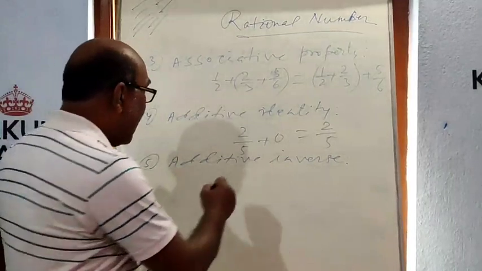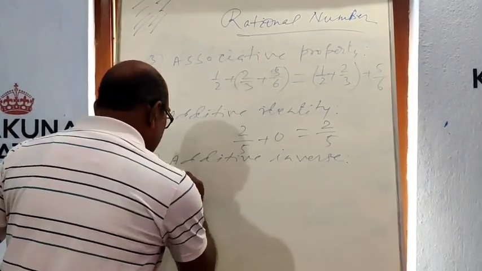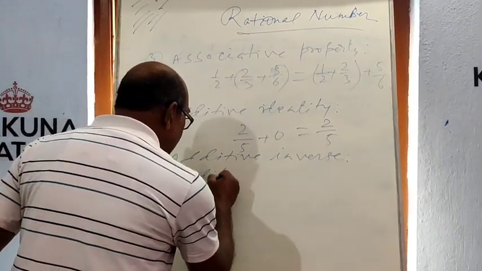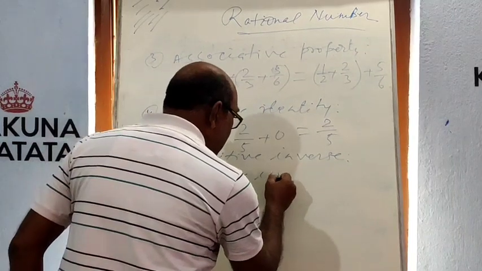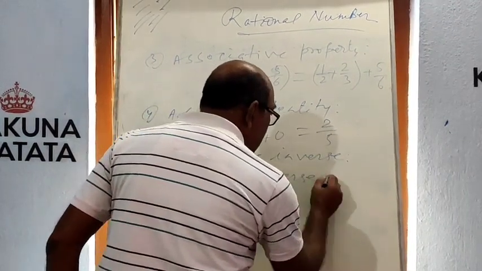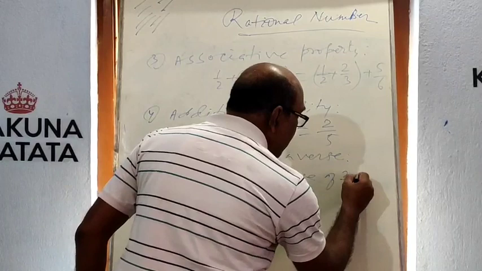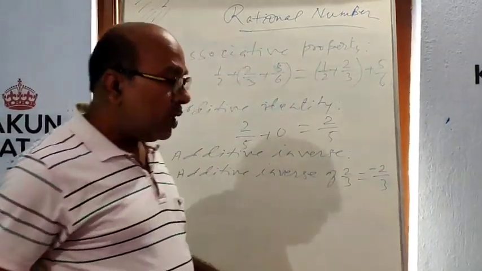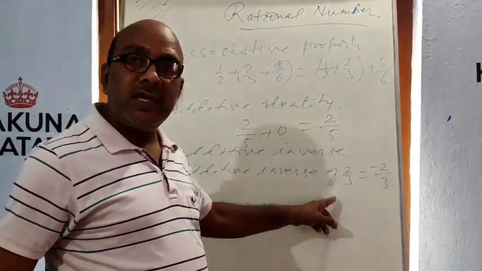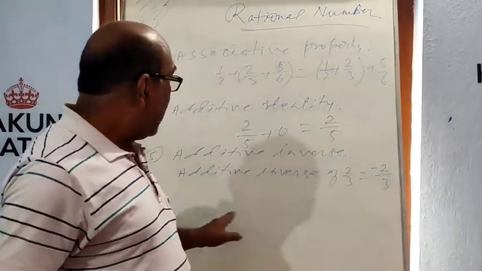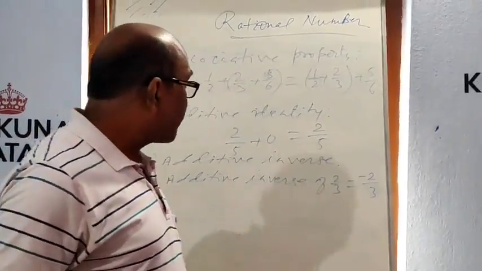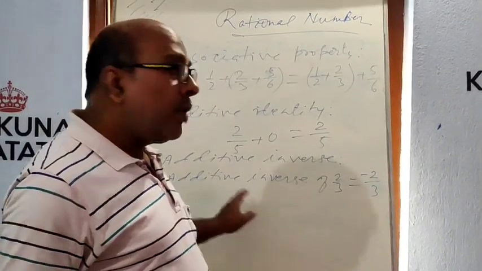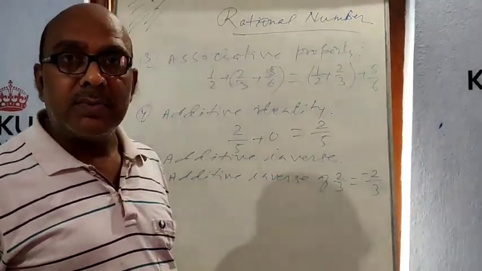For example, additive inverse of 2 by 3 is equal to minus 2 by 3. And when we add minus 2 by 3 to 2 by 3, we get 0. Therefore, additive inverse of any number is the negative of that number.